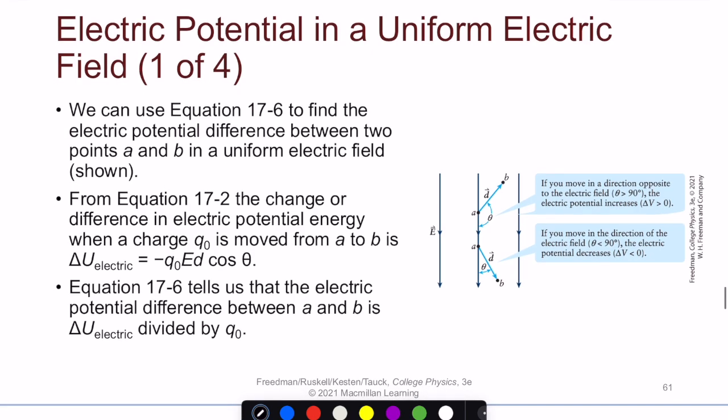Let's take a look at an example that helps us get used to this terminology. So let's place an electric field pointing down, and let's take a look at what the electric potential difference would be between 2 points in this electric field.